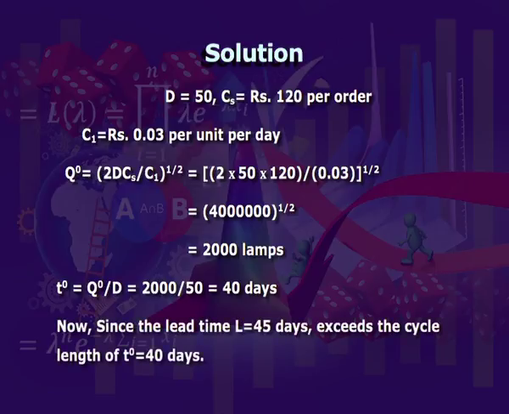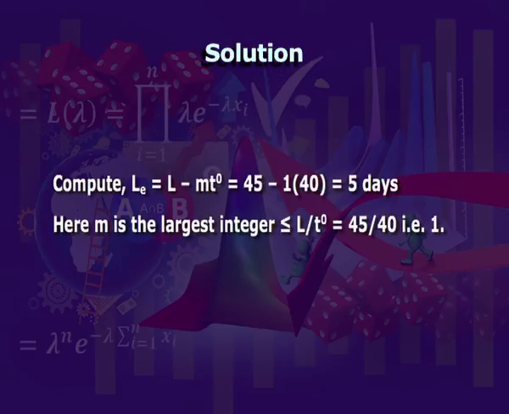Now, since the lead time capital L, which is 45 days, exceeds the cycle length T0 equal to 40 days, we compute the effective lead time LE equal to L minus M into T0, where L is 45, M equals 1, T0 is 40. Substituting the values, we get 5 days. Here M is the largest integer less than or equal to L divided by T0.